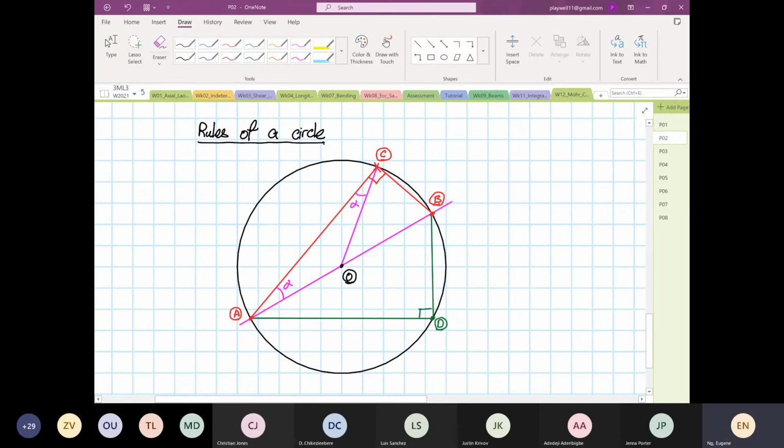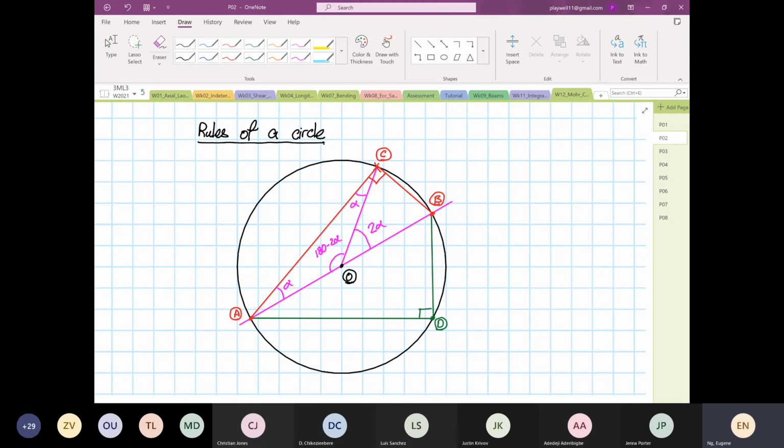This is also alpha. And over here is equal to 2 alpha. Why is that? Because from here to here is 180 minus 2 alpha. The angle sum of a straight line is 180. That's why it's 2 alpha at the other end. So these are the rules of the circle.